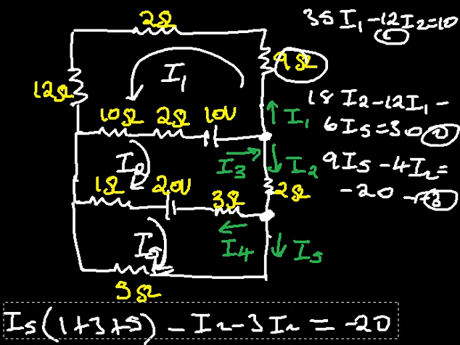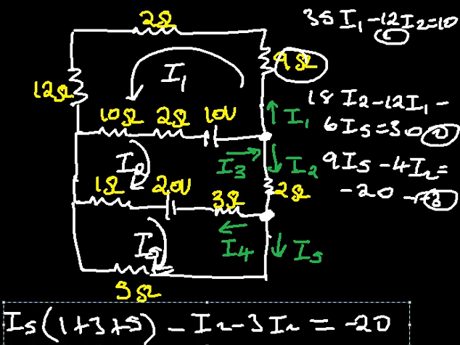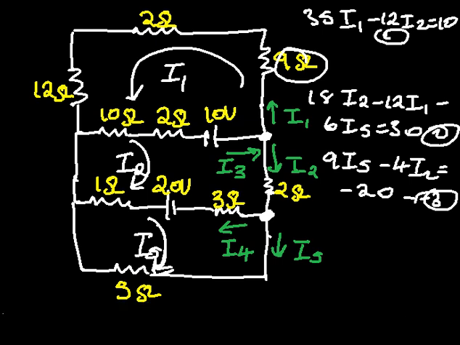Now you need to solve for I1, I2, I3. You need to solve for those simultaneously. Then let's apply the Kirchhoff's current law at the junctions. For the first junction, we'll have I3 entering, minus I1 leaving, minus I2 leaving is equal to 0. That is equation number 4.